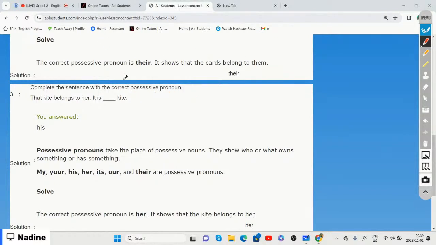So her. So that kite belongs to her, so we can say it is her kite. Her kite.